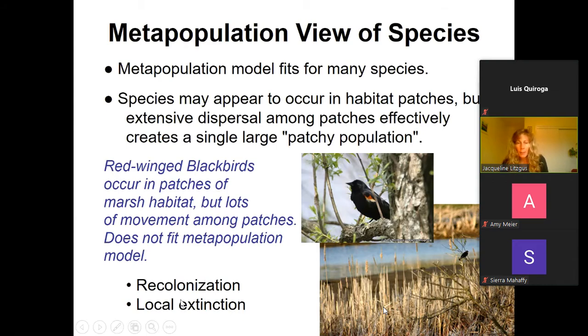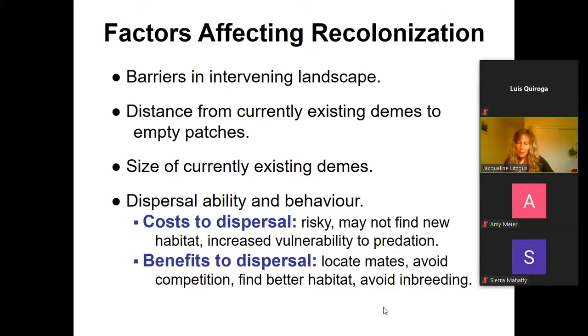Okay, so another piece of this. I've already mentioned these terms of recolonization and local extinction. To understand metapopulations, we have to understand what factors are going to affect these two processes, recolonization and local extinction. So clearly there are going to be some barriers in the landscape, right?